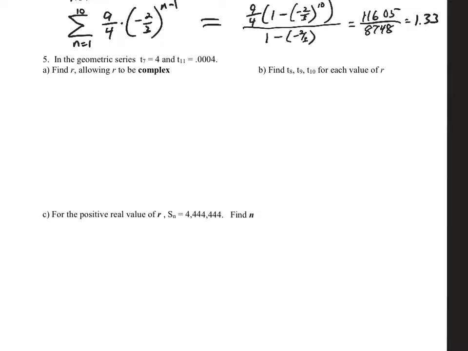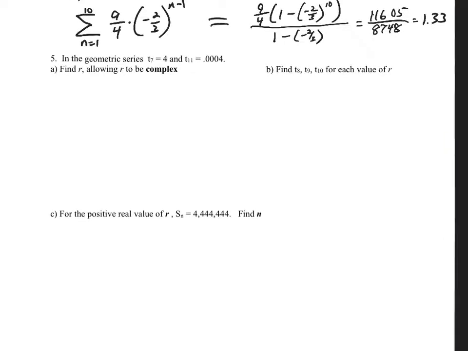So in this problem, T7 is 4. This is T7, T8, T9, T10, T11, and this is 4, this is unknown, this is unknown, this is unknown, and then this is 0.0004.